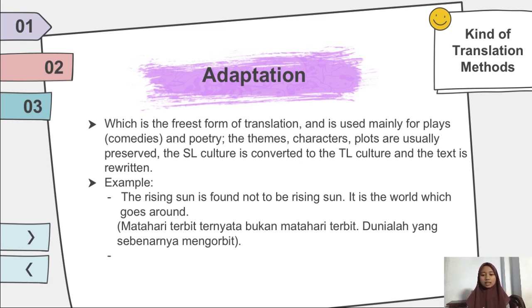The SL culture is converted to the TL culture and the text is rewritten. For example, the rising sun is found not to be rising. It is the world which goes around, yang artinya matahari terbit ternyata bukan matahari terbit, dunialah yang sebenarnya mengorbit.